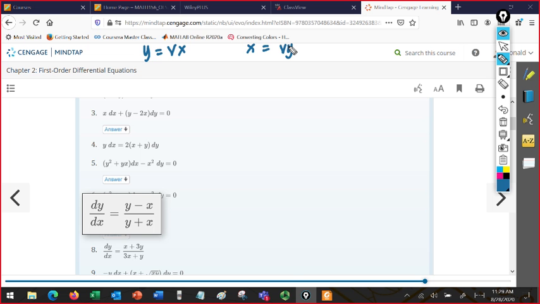Now, if we will retain x dx, I think it's better to retain dy because when we get dx, by product rule, this is v dy plus y dv.